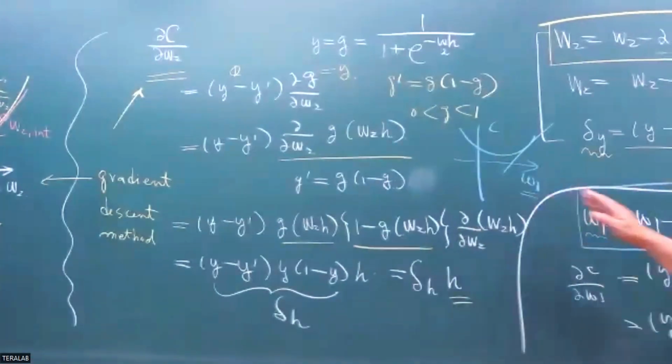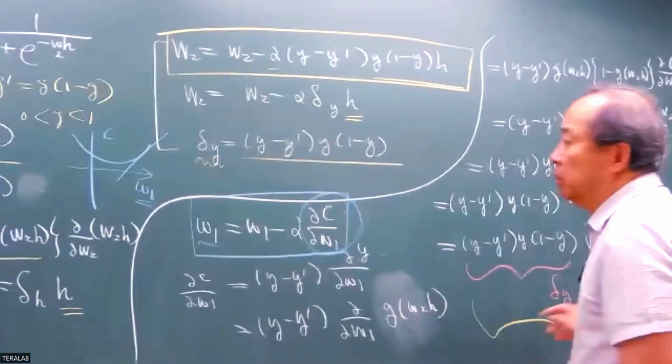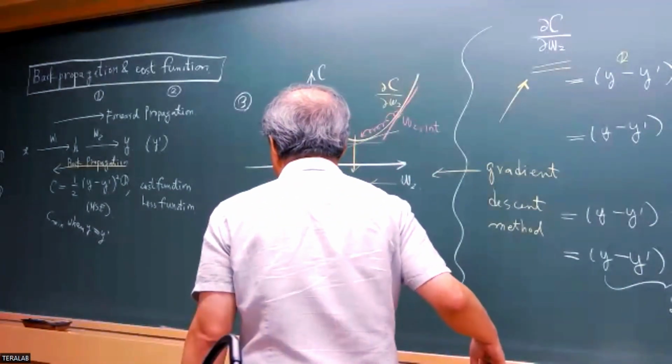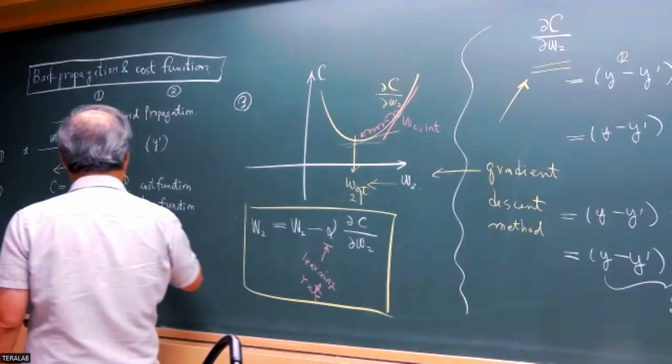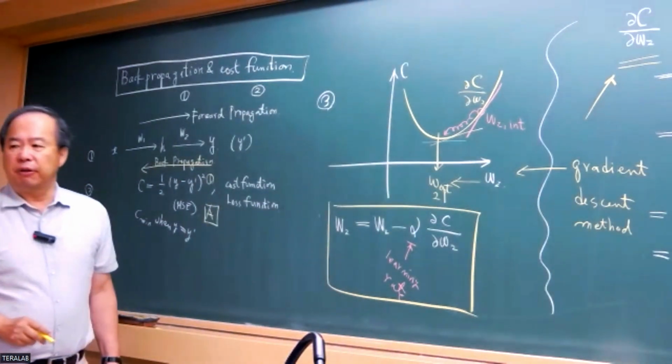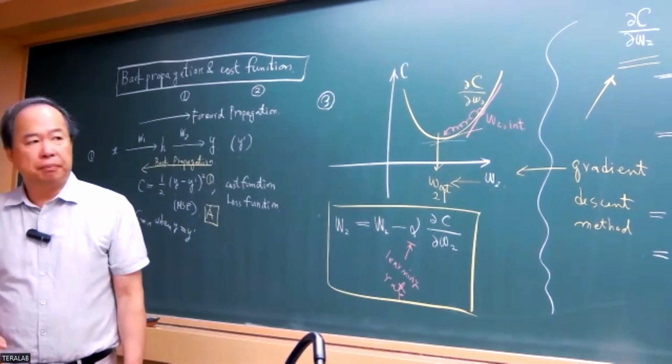During this derivation of the chain rule, I was making two assumptions. One of them is that I'm using the mean square error function as the cost function.